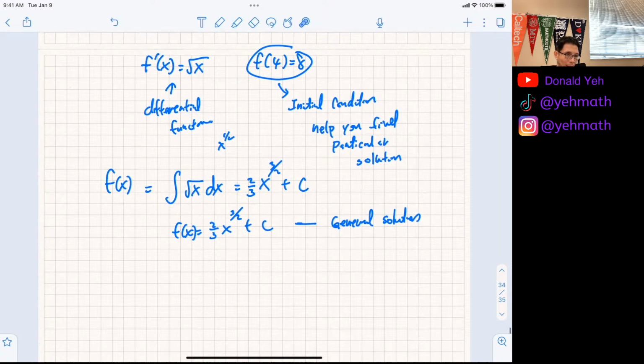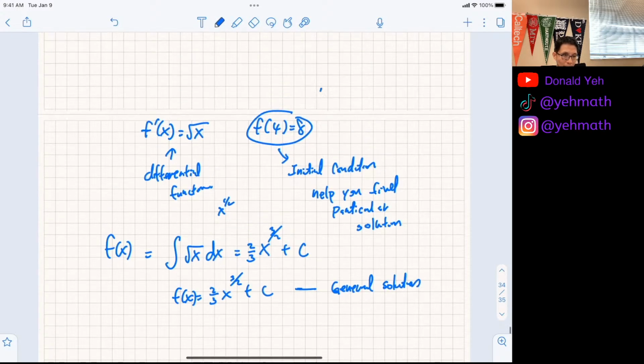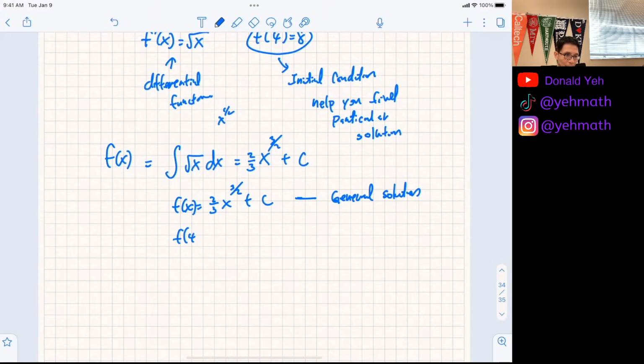I'm going to show you how to do it algebraically. This is the output, and this is the input. So then I can plug in: 8 is equal to 2 over 3 times 4 to the 3 over 2, plus c.